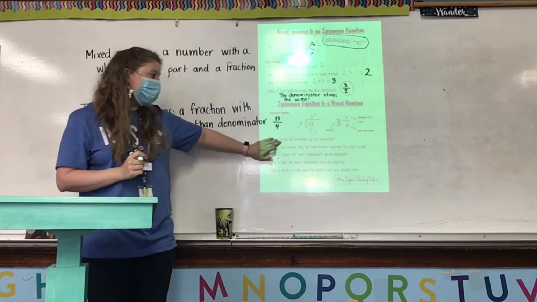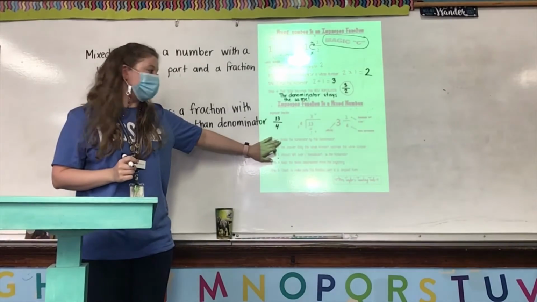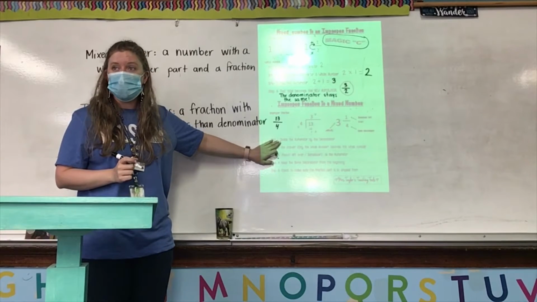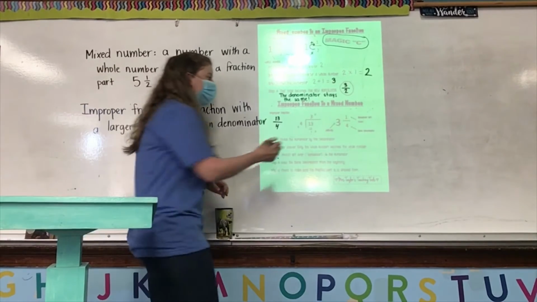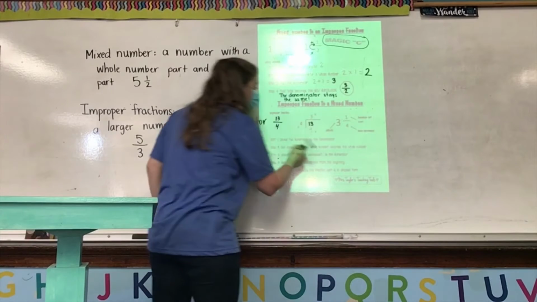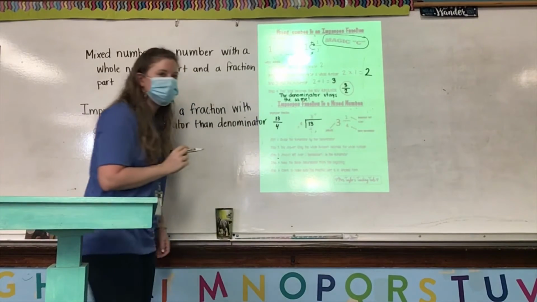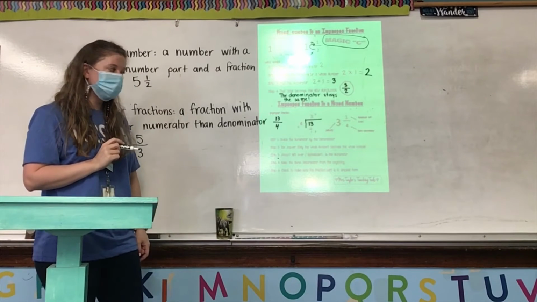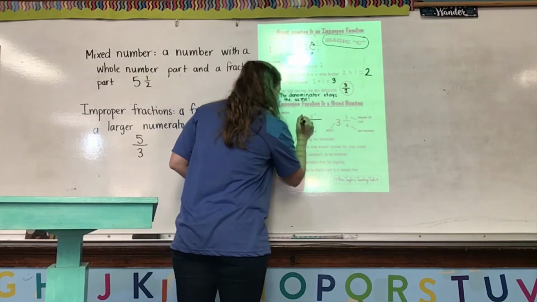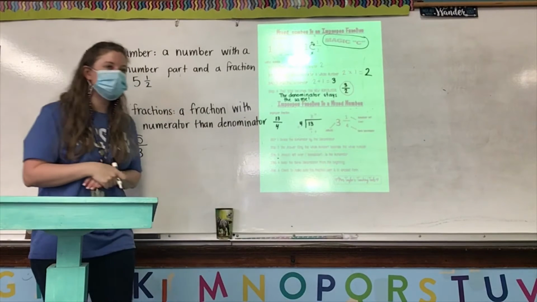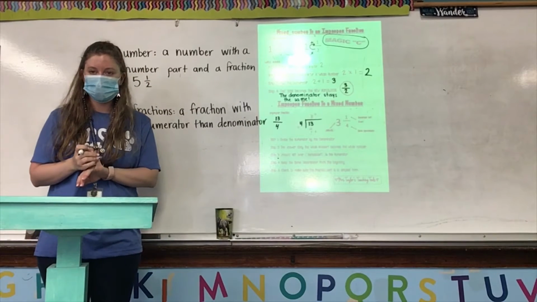So, step 1, divide the numerator by the denominator. That means the larger number, the numerator, has to go inside the bracket. The smaller number, the denominator, goes outside of the bracket.